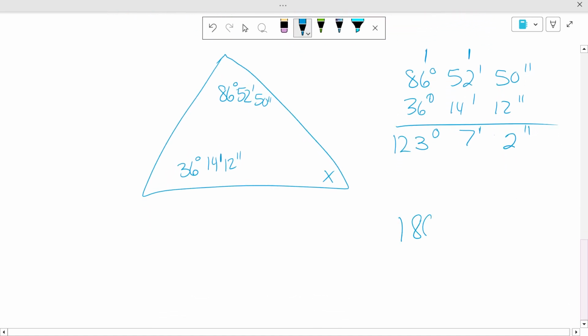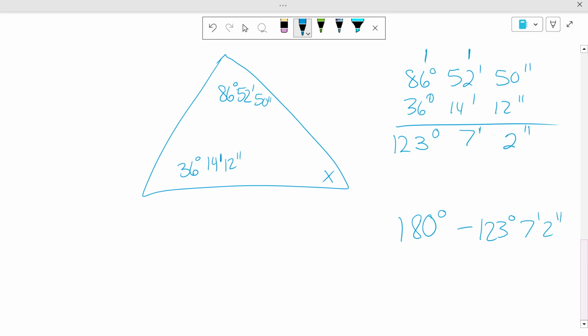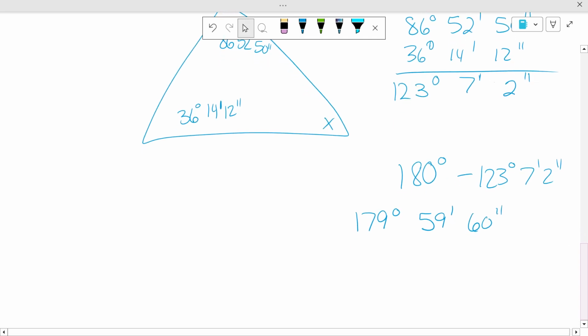So we're taking 180 degrees minus that. The problem is, when you subtract this, there's no minutes and seconds on this, is there? So that's where I have to turn this into 179 degrees, 59 minutes, and 60 seconds. Okay?